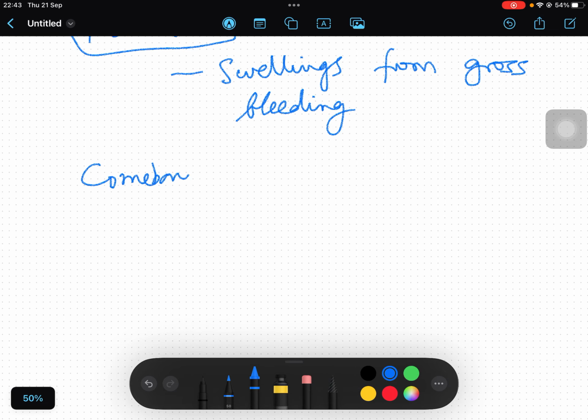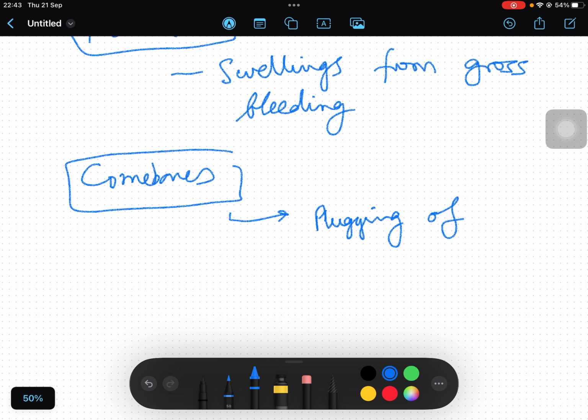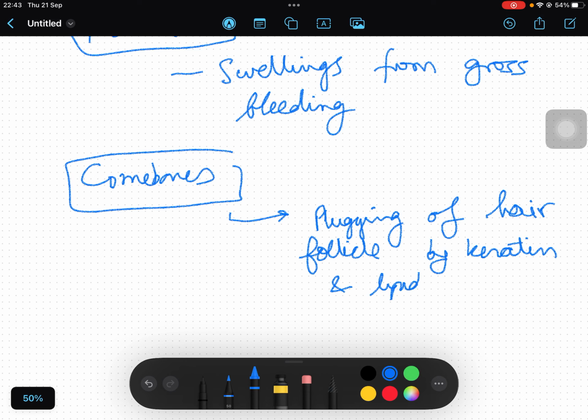Similarly, comedones are usually formed due to plugging of hair follicle by keratin and lipids.